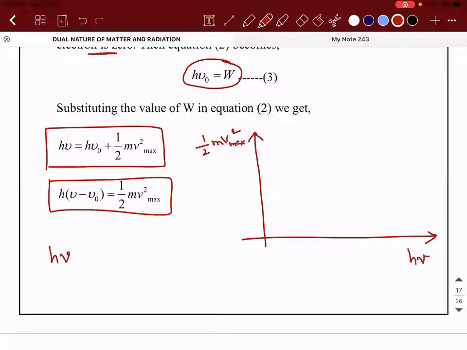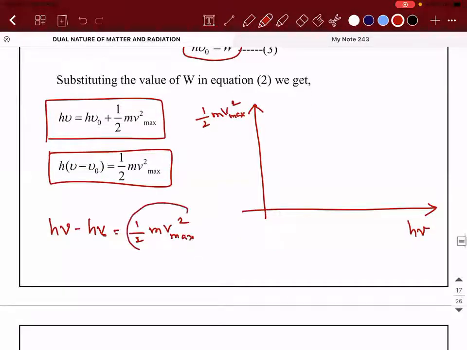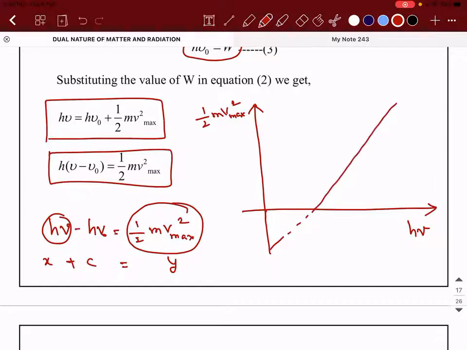Okay, h nu minus h nu naught is equal to half m Vmax square. So if I take half m Vmax square on the y-axis and h nu on the x-axis, plus c, it starts something like this. Where this point will be called the work function W naught. Because it is of the form y is equal to mx plus c.